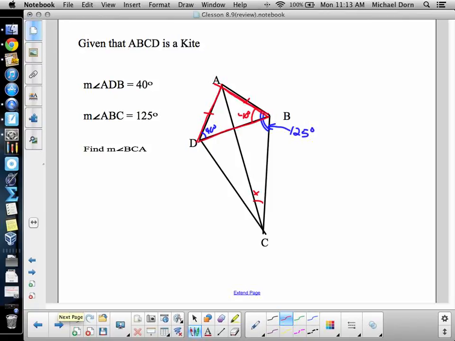We know the diagonals are perpendicular, so that's a right angle. Now this is 40 and this is 125. How many degrees are left here? 85 degrees. So if this is 90 and this is 85, careful. If I just look at just this triangle, if this is 90 and this is 85, how many degrees are left for that angle? 5 little degrees.